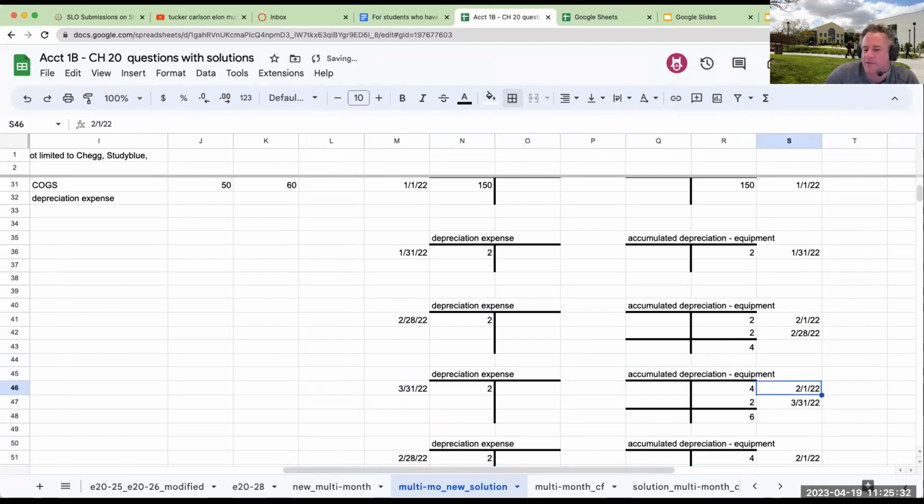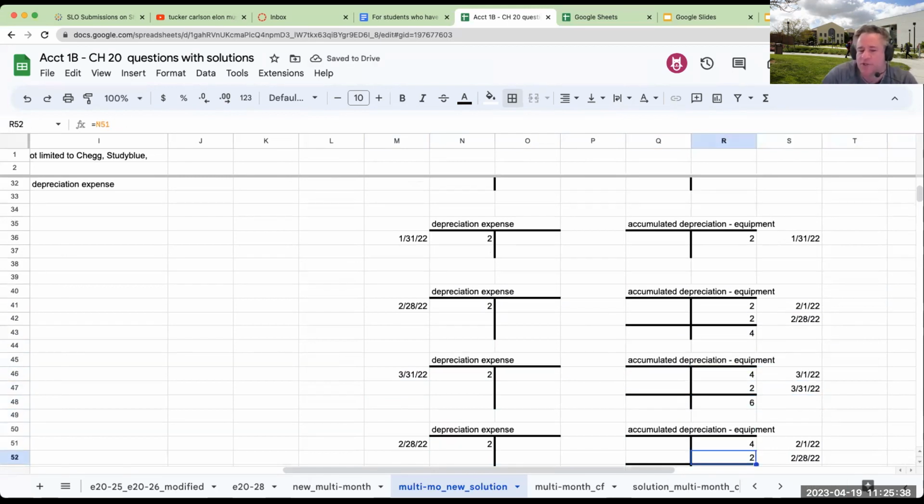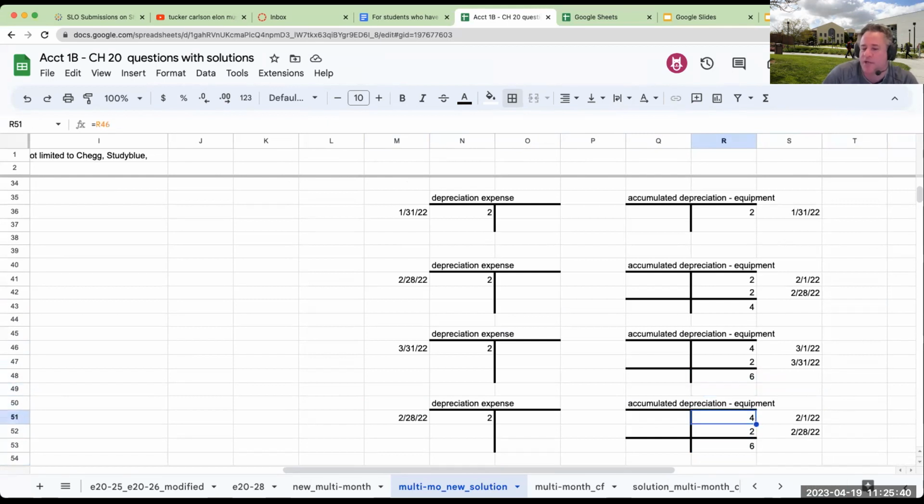My beginning balance at 3/1/22 is going to be 4. I take another month of depreciation. So my accumulated depreciation is at 6 by month end. Okay, so that becomes my beginning balance for the following month, or 4/1/22. Take another 2,000 of depreciation expense as of 4/30/22. And here is my ending balance in my accumulated depreciation equipment.